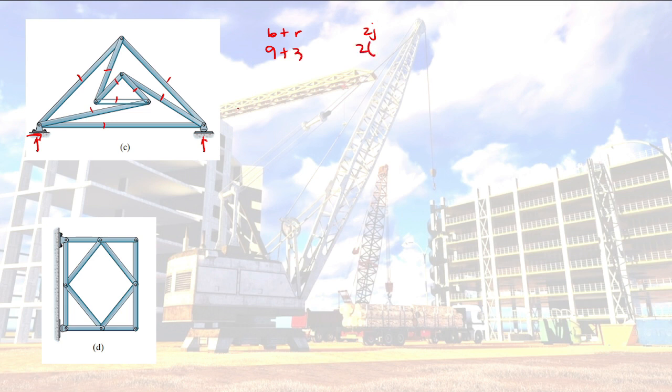Then 2 times how many joints? 1, 2, 3, 4, 5, 6. We have 6. So 9 plus 3, that is 12. 2 times 6, that is also 12. Equal, therefore, this one, it is statically determinate.